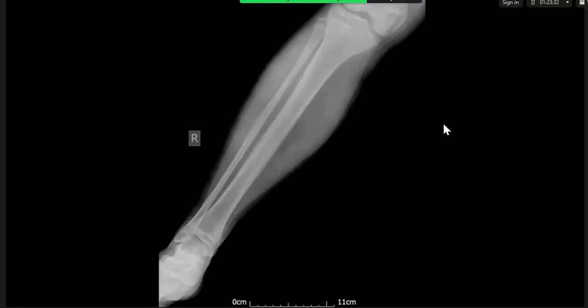Having a look at the fibula, at the midshaft, there's an eccentric area where there is poor definition with some cortical irregularity. And I can also see an impression of a soft tissue component surrounding both the tibia and fibula on both sides.